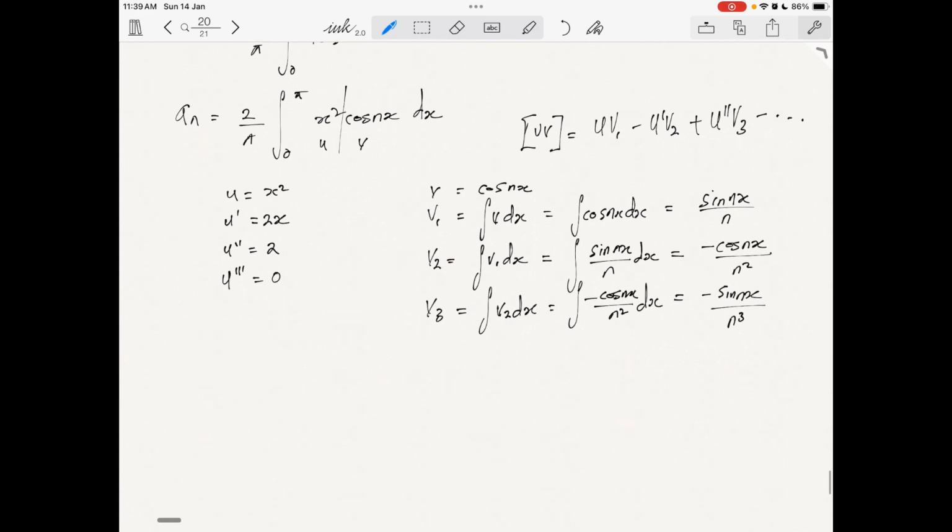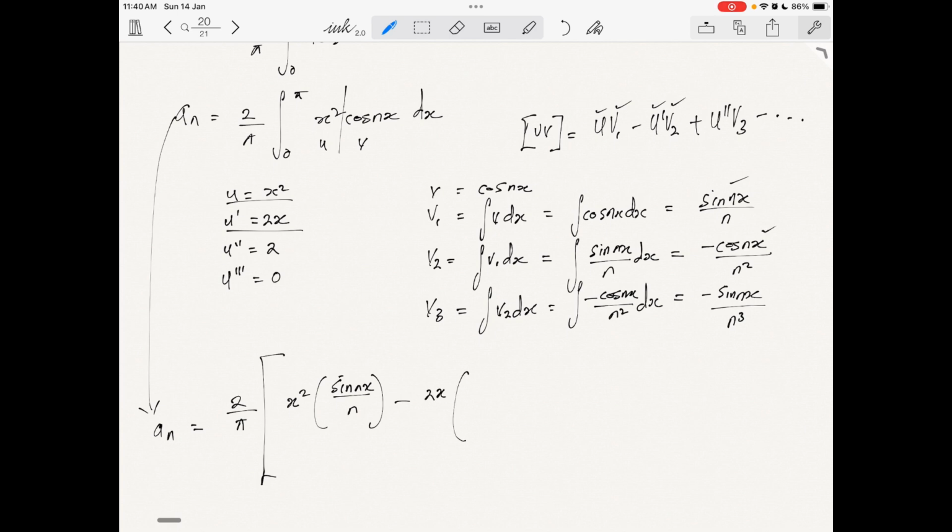Now we can go further and solve our an, to give us 2 over pi times the integral, starting with our u, x squared, times v1, sine nx over n, minus u prime, 2x, times v2, minus cos nx over n squared, plus u double prime, 2, and v3, minus sine nx over n cubed, from the limit of 0 to pi.